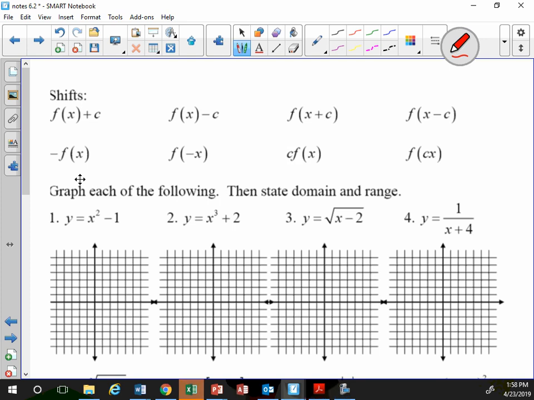Up. What about when it's plus C in parentheses? Left.